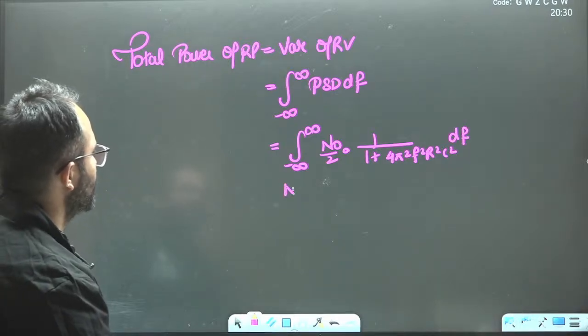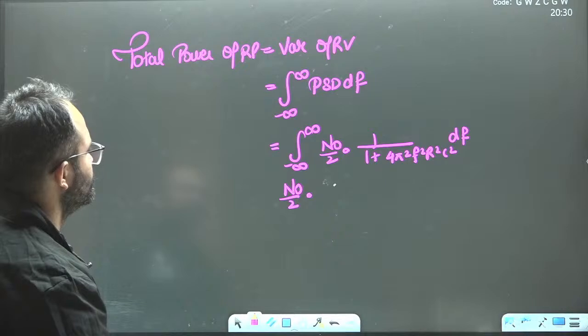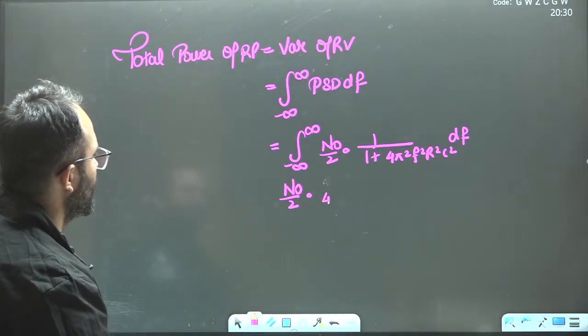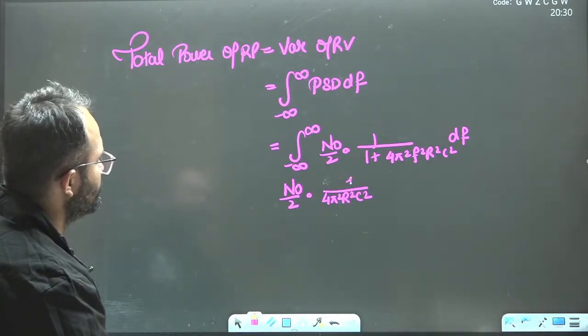We can take the things common, N0 by 2 and 4 pi R square C square as common.